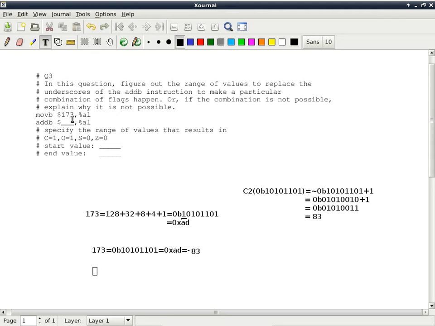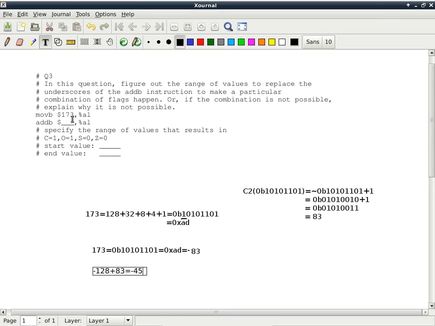So now you just have to figure out 128 plus 83, which is going to be the last value that you can specify in the underscore portion. And that turns out to be math. Arithmetic, I hate it. 45? Yeah, it looks like it.